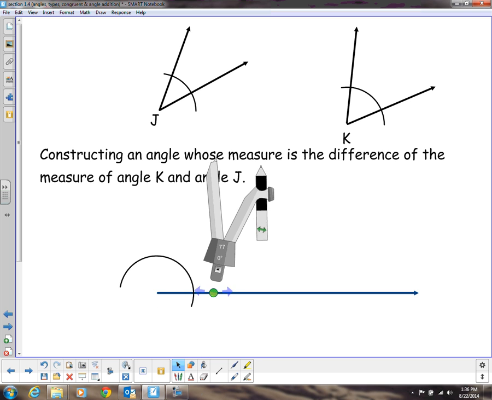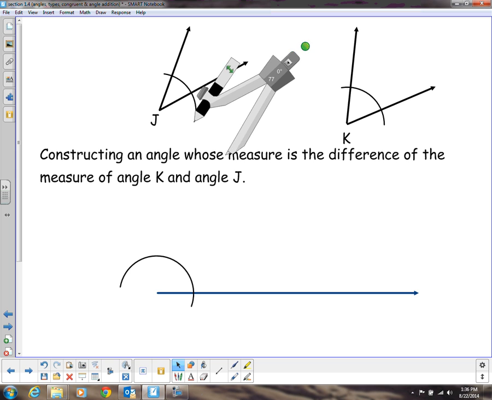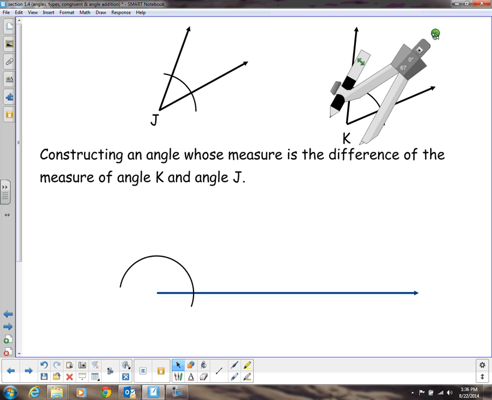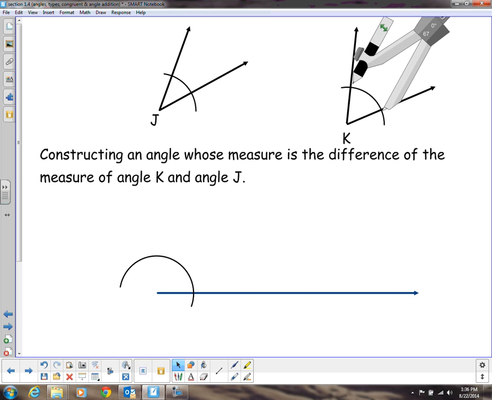All right. So now what I need to do is measure the opening of K. So there's that point, and this point I'm going to need to rotate a little bit. So that's on that point of intersection, and I need to rotate it a little bit more.